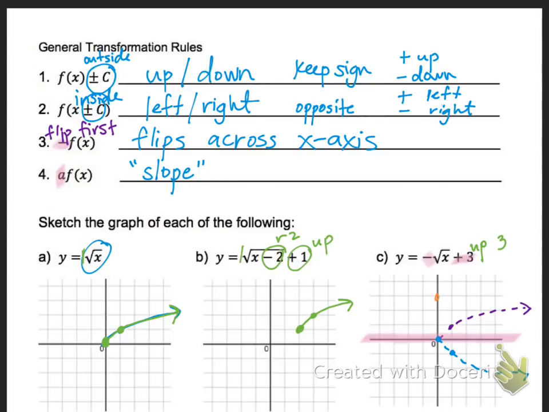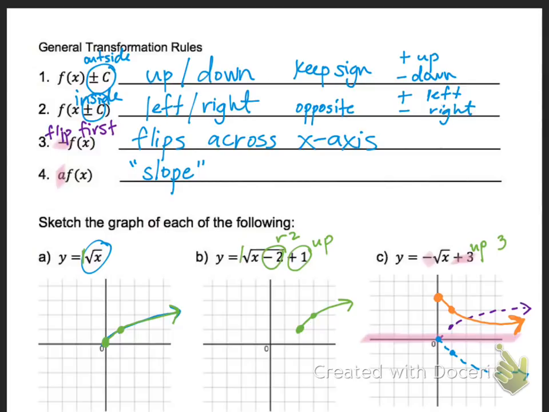So 1, 2, 3. And I'm going to draw the exact picture of my blue dashed line. So down 1, over 1. It now curves downward. So that's my final answer.